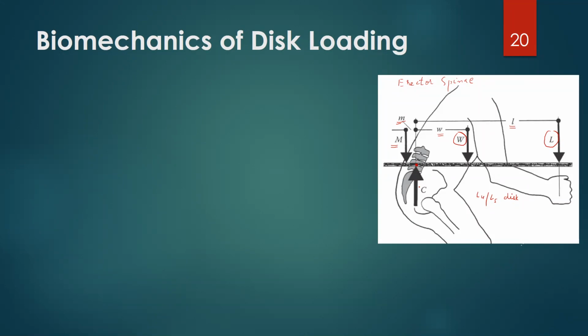So according to Newton's third law, there should be a resistive force, that is the compressive force, acting on this disc in the upward direction, that is the force C. So these are the forces acting on this L4, L5 disc. And of course, the torque because of this compressive force C will be zero at this point because the force passes just through the center of this disc.